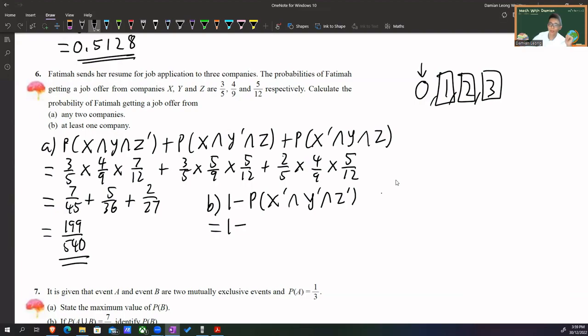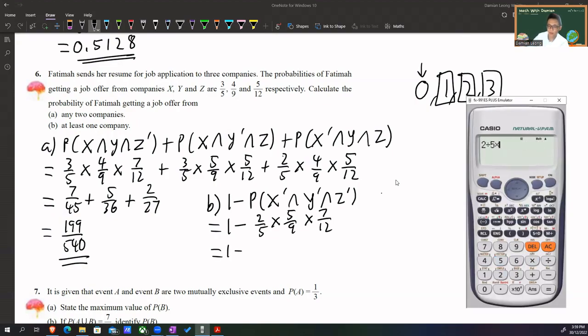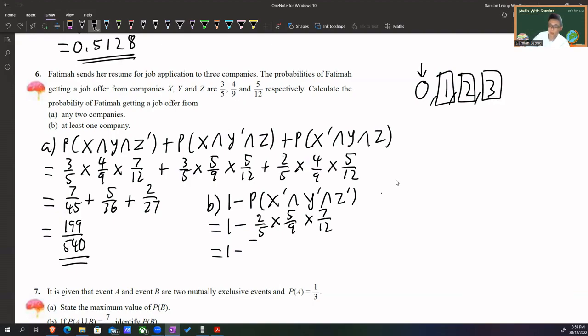Yeah, so I take 1 minus probability of not getting from company X, 2 over 5, not getting from company Y, 5 over 9, times not getting from company Z, 7 over 12. 1 minus 2 over 5 times 5 over 9 times 7 over 12, 7 over 54, so it's 47 over 54. Yeah, that's for part B here. That's question 6.